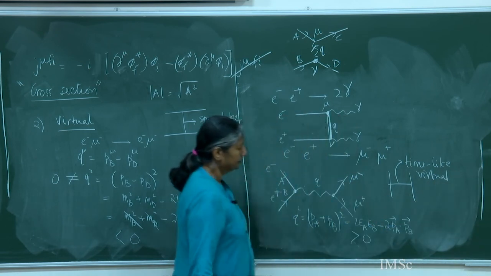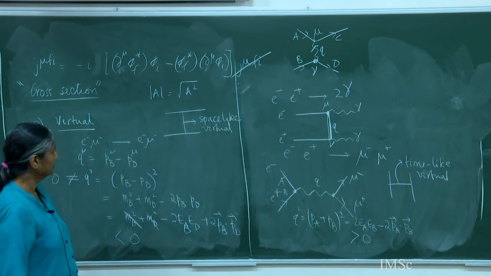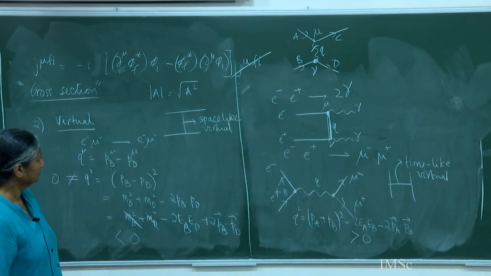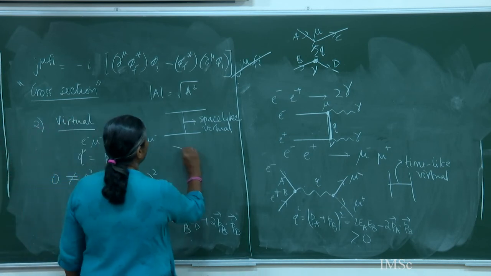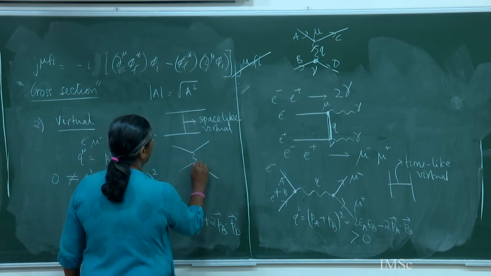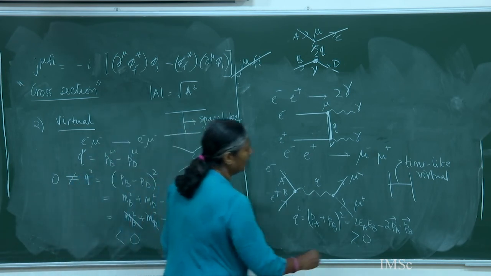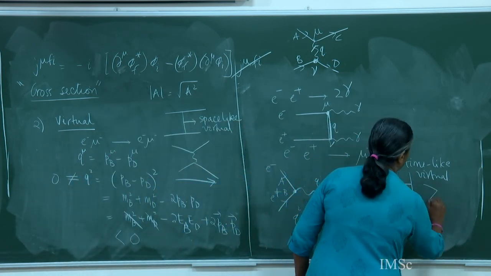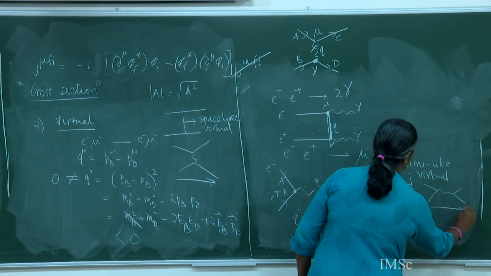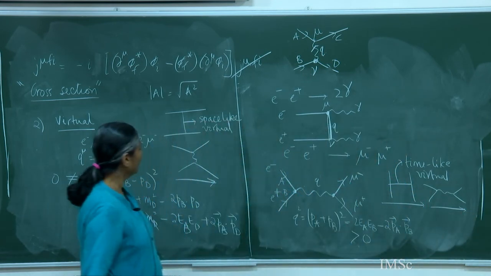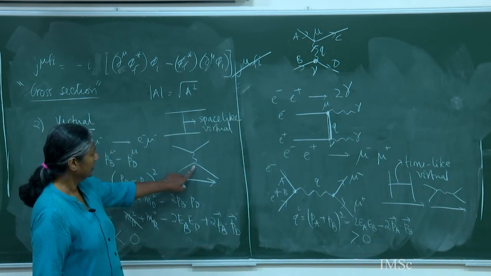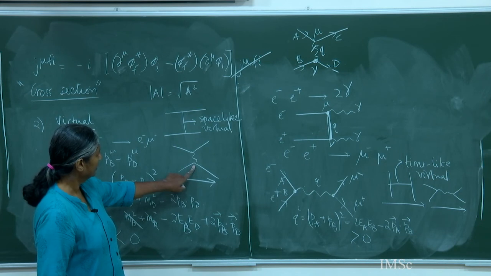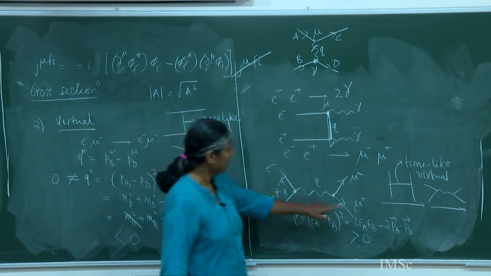Ma'am, but the space-like virtual also you can draw a little asymmetrically, as if the Q is propagating forward. No, I mean if you want I can draw it like this, but this is always time. If you prefer you can draw it like this. How else can I draw it?